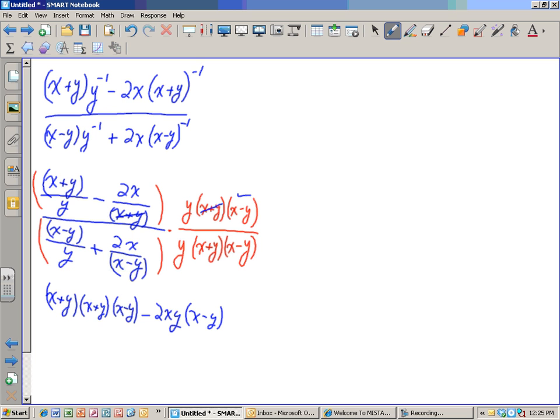Now let's take a look at the denominator, and I'm going to do the same thing. The y's will cancel, and I've got x minus y times x minus y, x plus y.